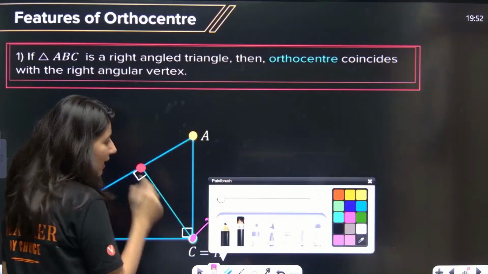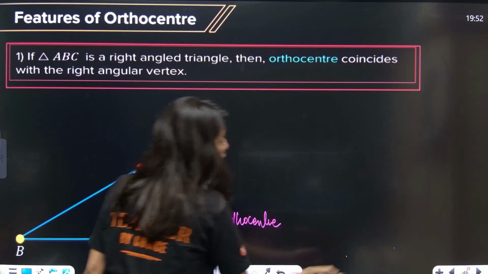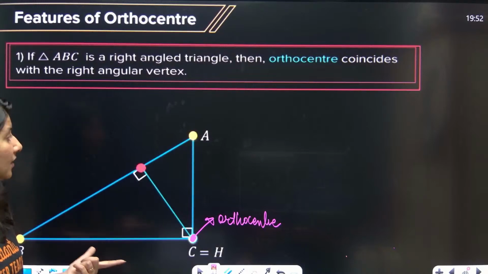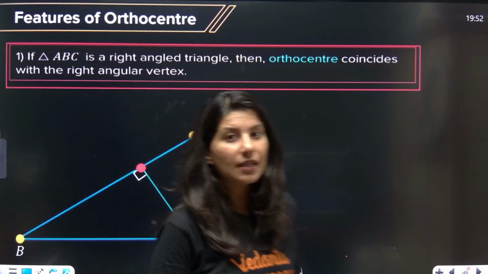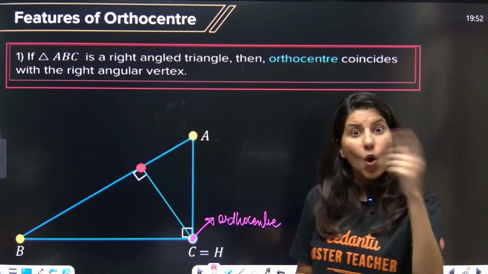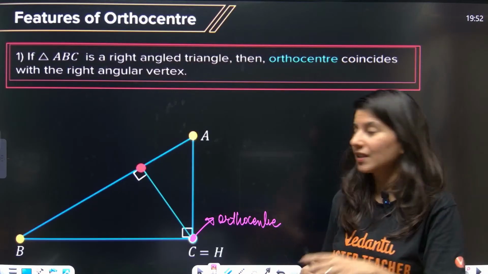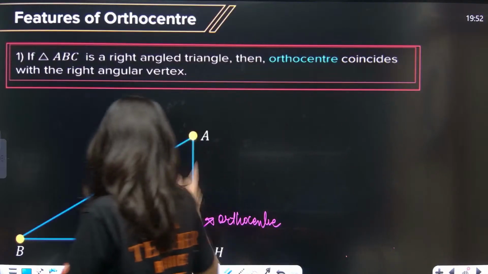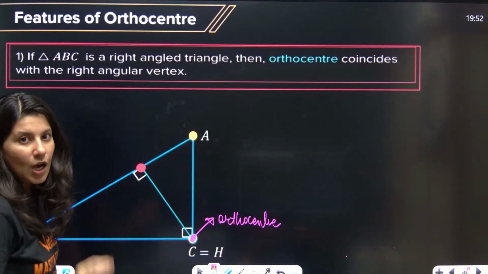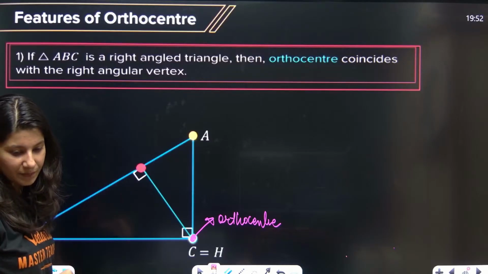So this is your right angle triangle, and what is the definition of an orthocenter? Orthocenter is nothing but the meeting point of all the altitudes. Altitude means perpendicular from the vertex. Suppose you have 3 vertices, and one by one we are going to do that.